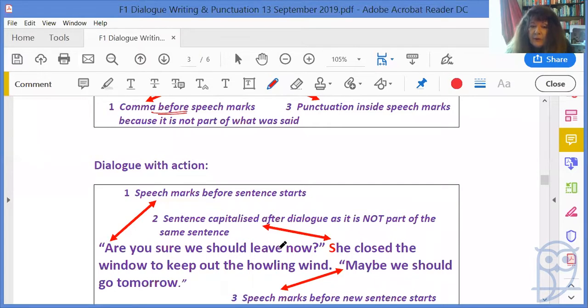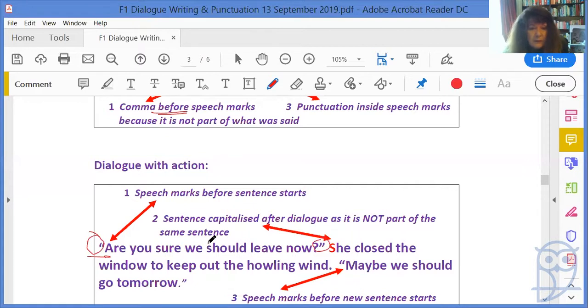So we've got dialogue, and in between what this lady is saying, we've got some action: she closed the window to keep out the howling wind. So again, speech marks and a capital letter as you start off your dialogue. "Are you sure we should leave now?" Question mark and close inverted commas.